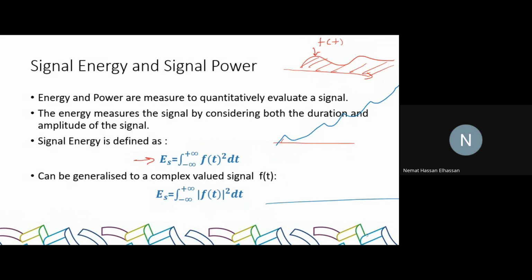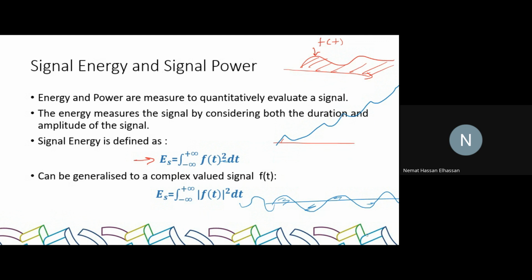What if the signal looked like this? Do you know what this is? Sinusoidal signal. So this is the area, this is the area, this is the area, but it fluctuates infinitely. So what is the area under the curve? Is it equal to zero? No, because you take the square of it.